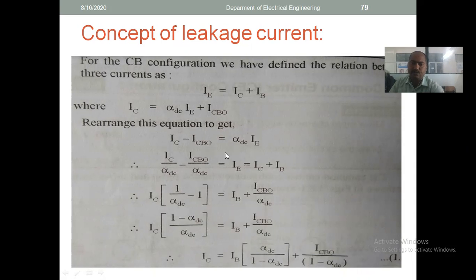We know again that IE equals IC plus IB. So the equation for this case is IC divided by alpha DC minus ICBO divided by alpha DC, which is equal to IE, which is nothing but IC plus IB. In this equation, we take IC common.